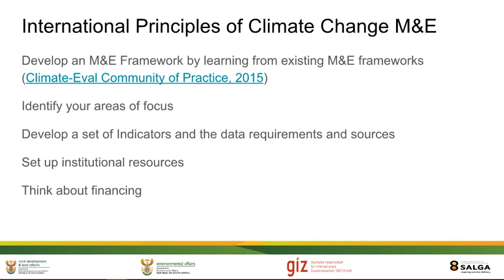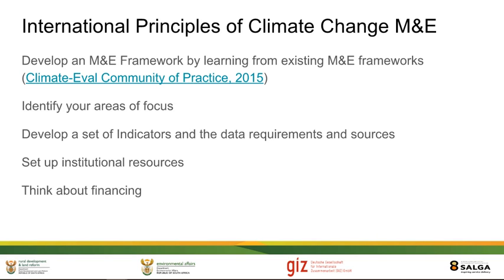There isn't a set M&E framework you should use for climate change programs. However, there are a number of M&E frameworks that are used internationally that apply similar principles to M&E. A useful summary of the different principles you can apply in climate change M&E frameworks can be found in the Climate Eval Community of Good Practice report.